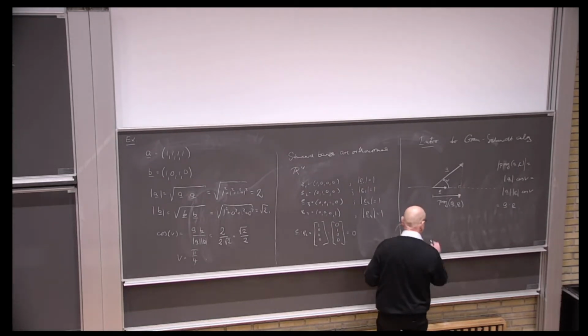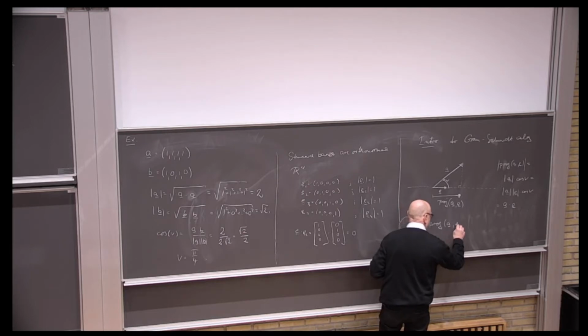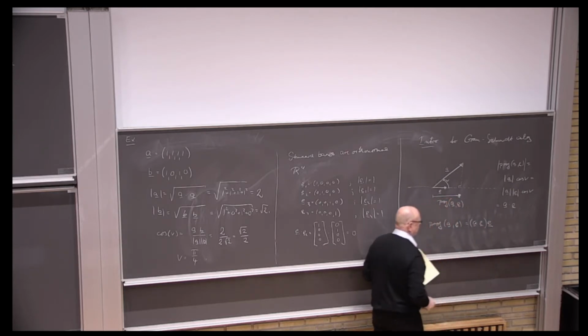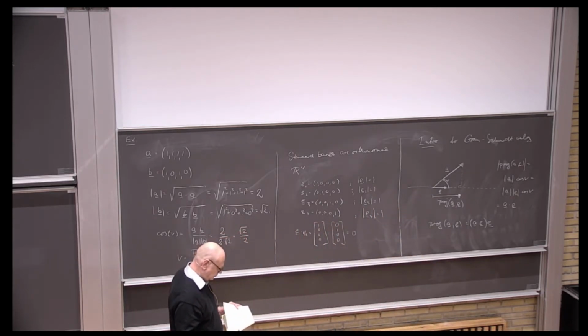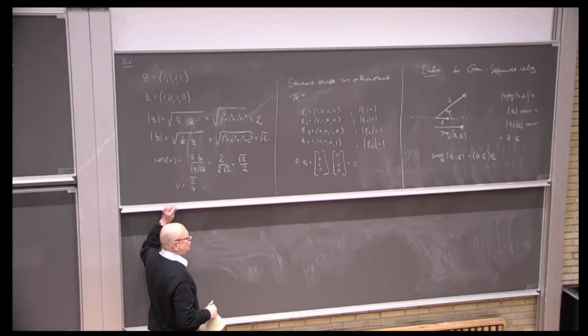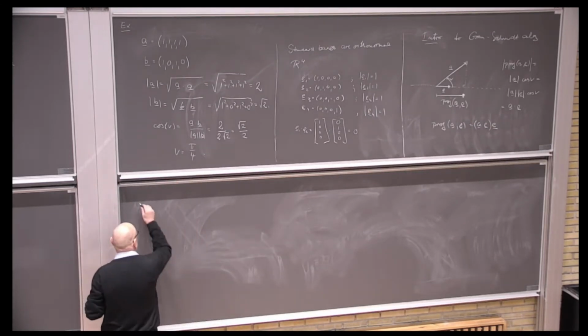But in either case, the projection of A on E is equal to the scalar product times the vector E. Okay, so now I have the tool that is needed in order to introduce the Gram-Schmidt algorithm.